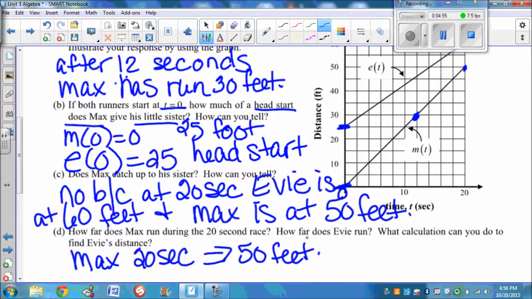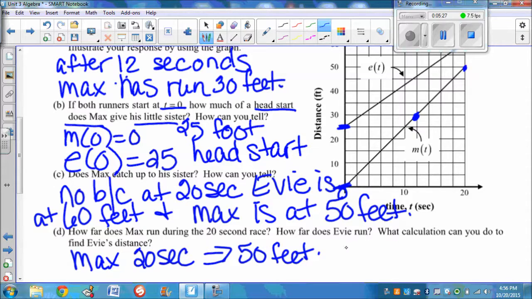And then it says, how far does Evie run? So now let's be real careful here when we're looking at how far Evie ran. You've got to keep in mind that Evie had a 25 foot head start. It says Evie only runs 35 feet because she starts at 25 feet and ends at 60 feet. So her starting point was different.